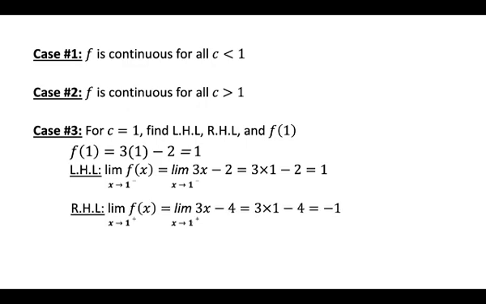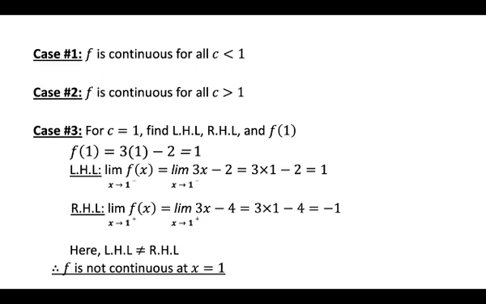Right hand limit, limit x tends to 1 positive of f(x), equals limit x tends to 1 positive of (3x minus 4), which equals 3 into 1 minus 4, which equals minus 1. Here the left hand limit is not equal to the right hand limit, so f is discontinuous at x equal to 1.